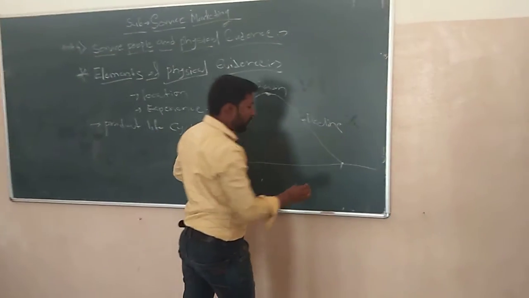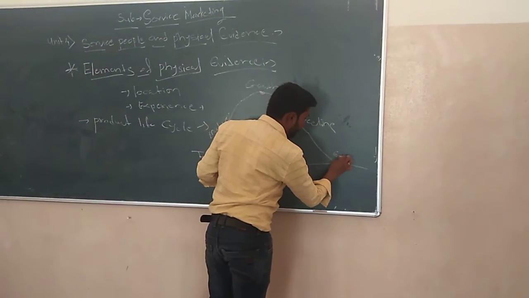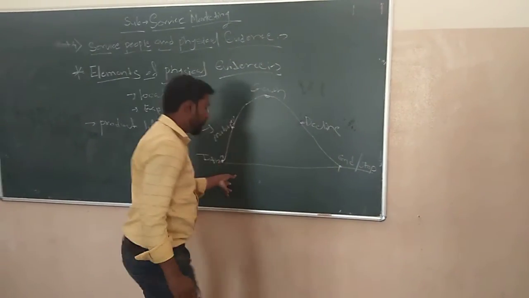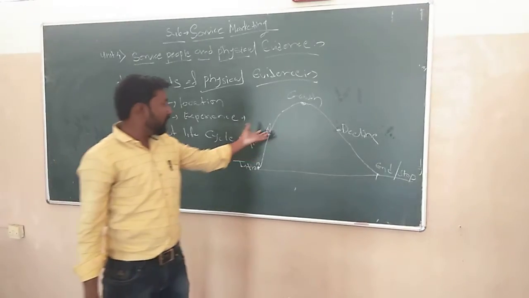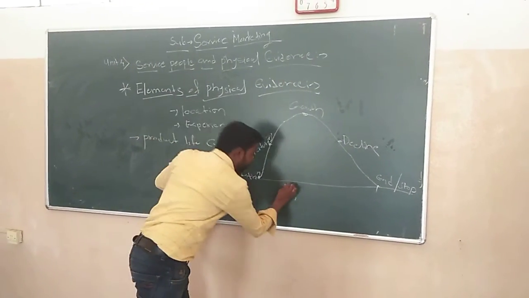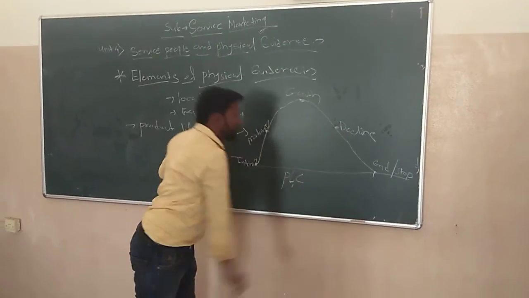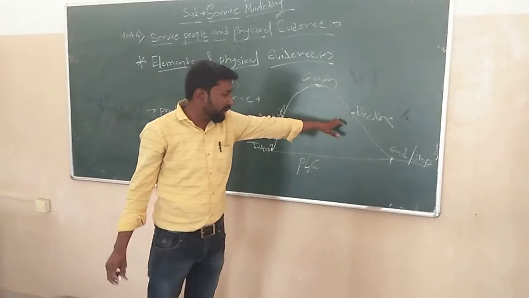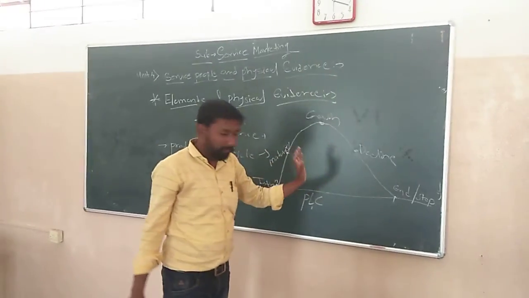And finally the product stops. That is a new product launch considered to market. Okay. Product life cycle: introduction level, maturity level, growth level, decline level, and stop of the product.